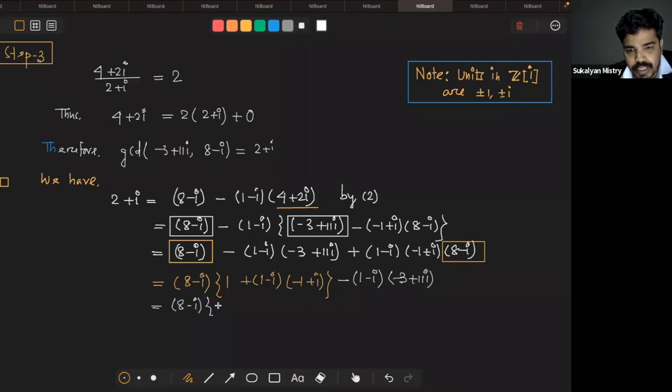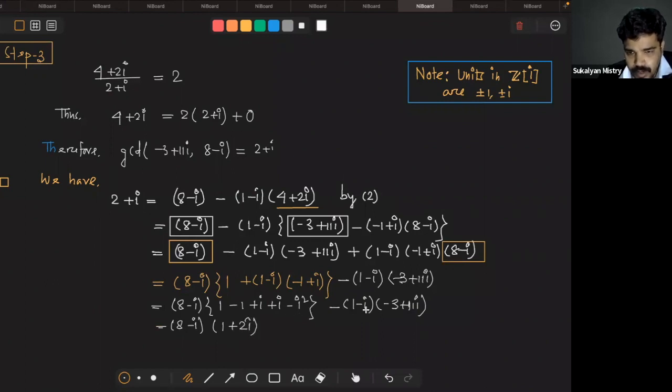If we multiply this, we see minus 1 plus i, minus 1 plus i, plus i minus i square. Okay, minus 1 minus i into minus 3 plus 11i. So that is 8 minus i plus 1 minus 1 cancel, i square value minus 1, so 1 plus 2i.